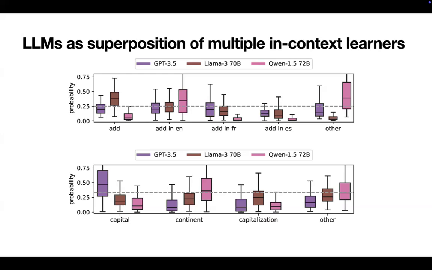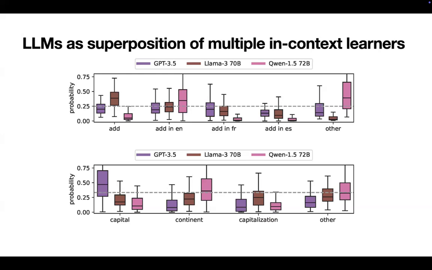So it is an indication that LLMs can perform multiple tasks in context, because those median probabilities are greater than 10%. And we can also see a similar observation from the second figure here.